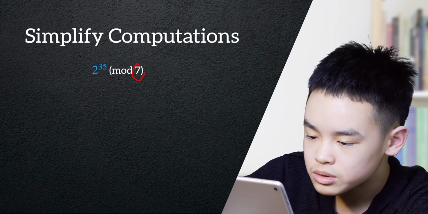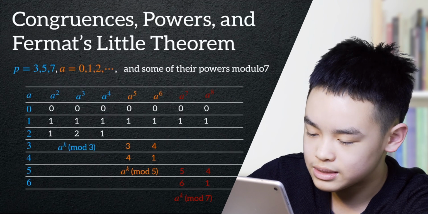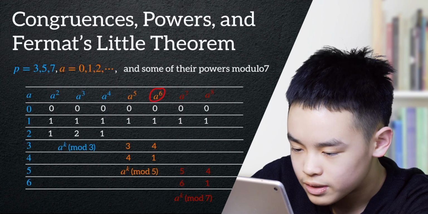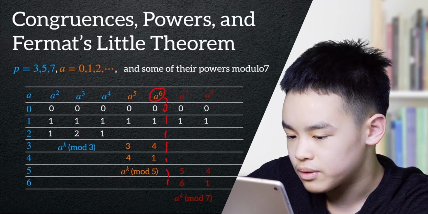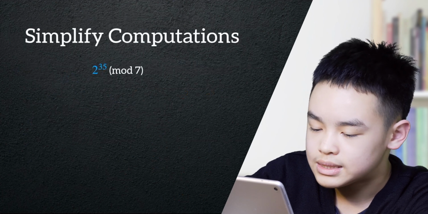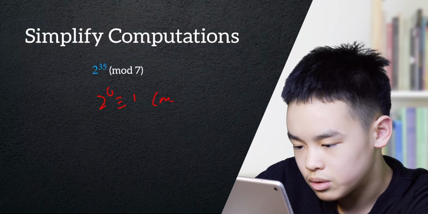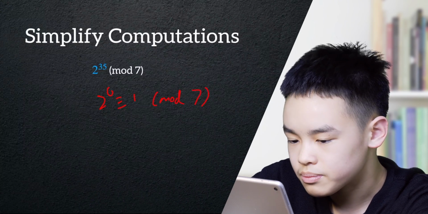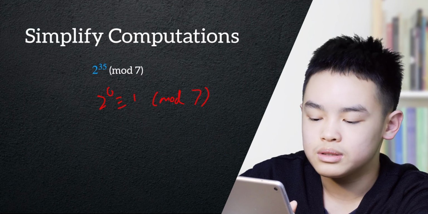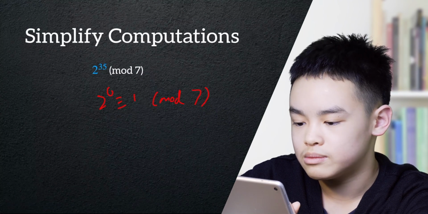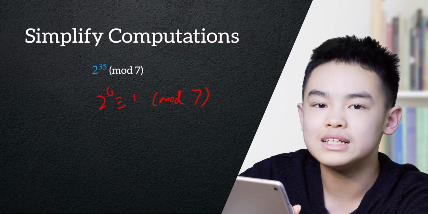So we see it's modulo 7, and if you don't notice, I'll skip back to the list right here. And a to the 6th power is, except 0, always 1. With that in mind, we can say that 2 to the 6th power is congruent to 1 modulo 7. Now we don't want to know what 2 to the 6th power modulo 7 is. We want to know what 2 to the 35th power modulo 7 is.